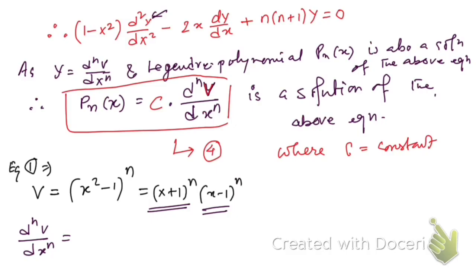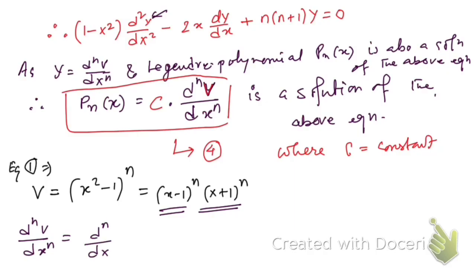First we take the nth order derivative of x minus 1 whole to the power n with respect to x, into x plus 1 whole to the power n.